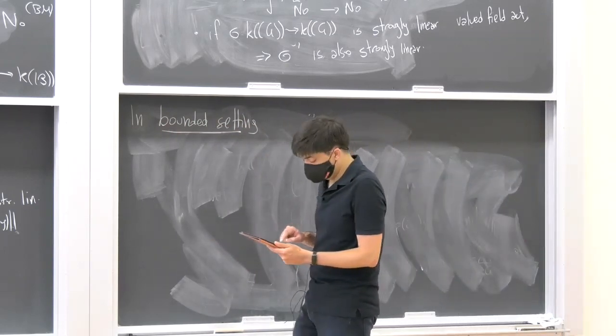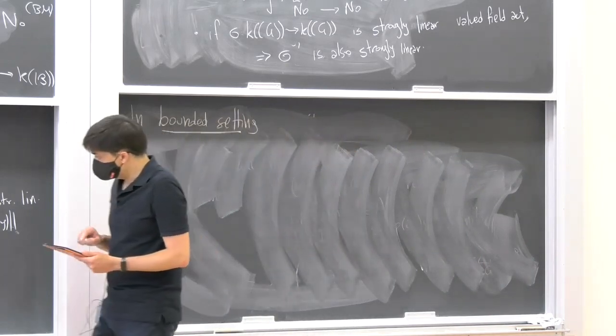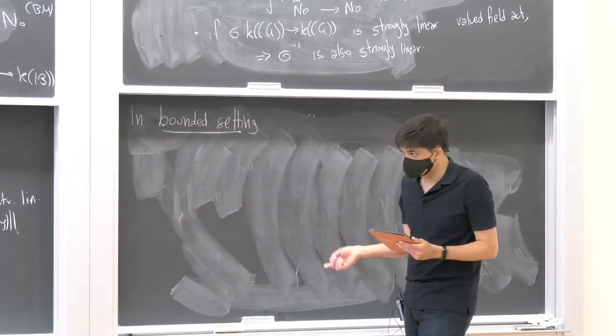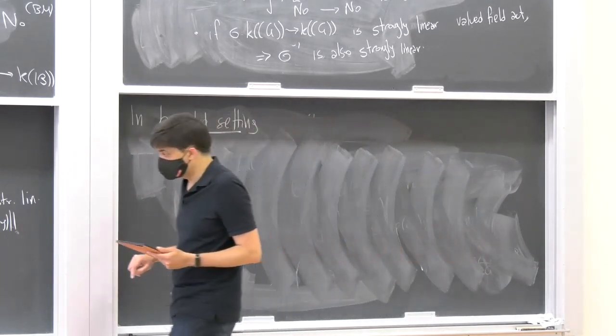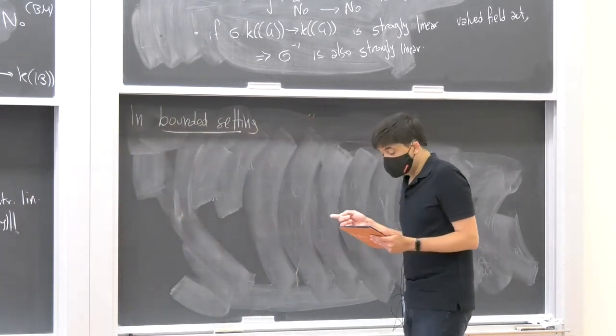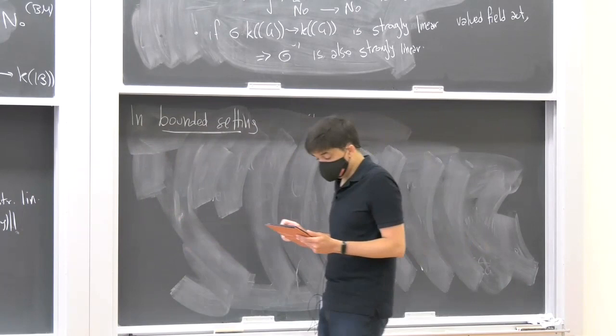Basically, at this point, I'm more interested in, okay, so now we understand when the function has a strongly linear inverse, but now I want to know when is the function surjective? Okay, and this is where it gets more delicate.